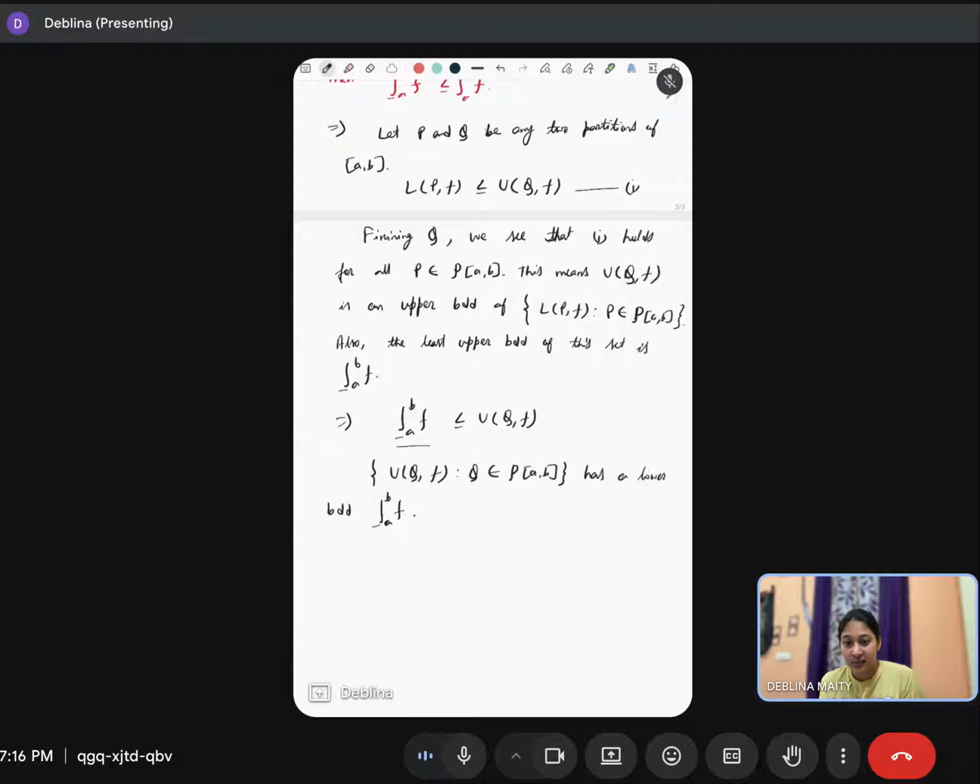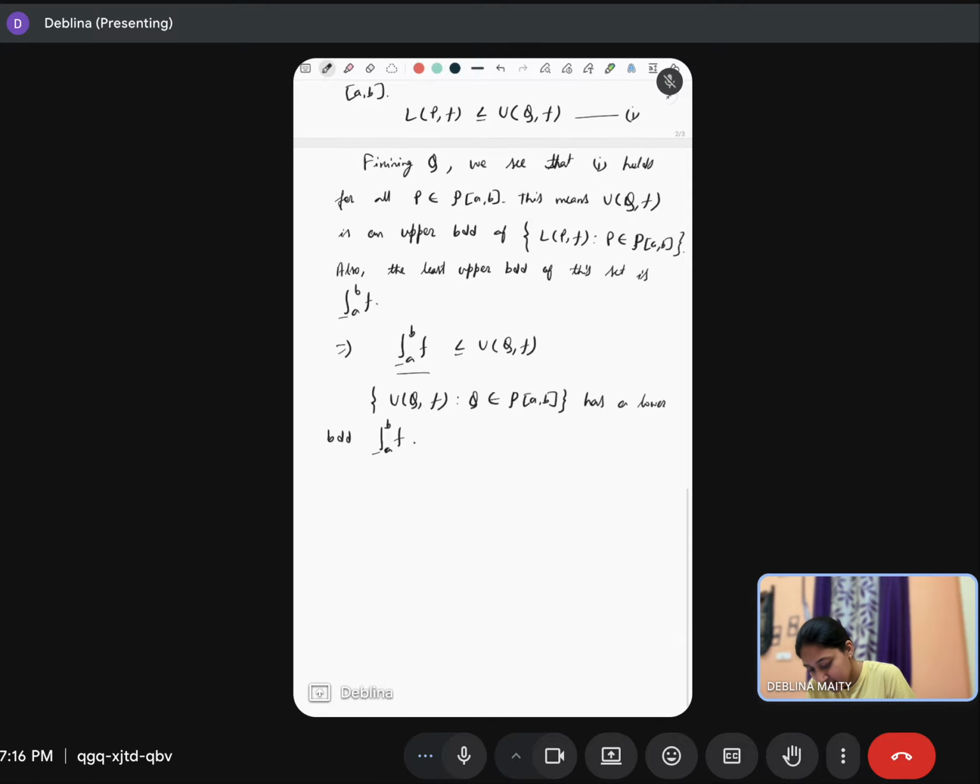And what is the greatest lower bound? That is the infimum of this set. This number is the greatest lower bound of this set, right?